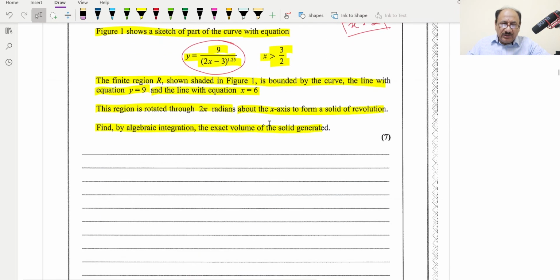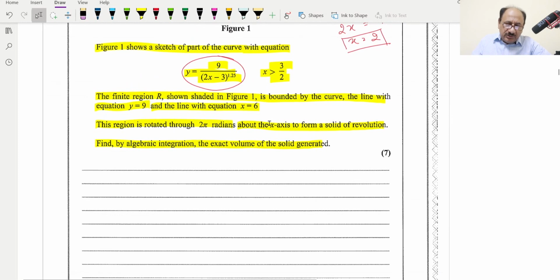Now we will integrate the given equation, and the given equation is y is equal to 9 over (2x minus 3) to the power 5 by 4; we have checked this with the calculator.